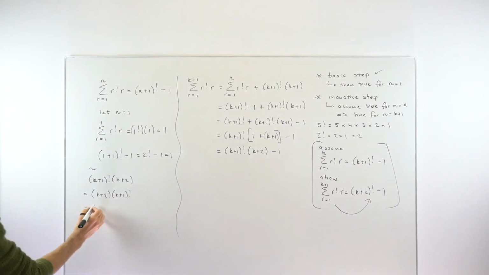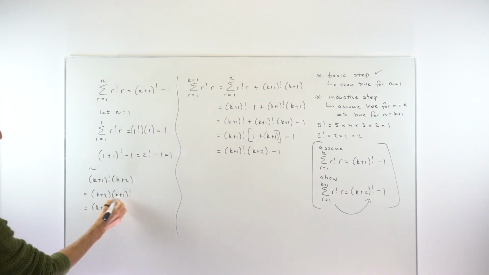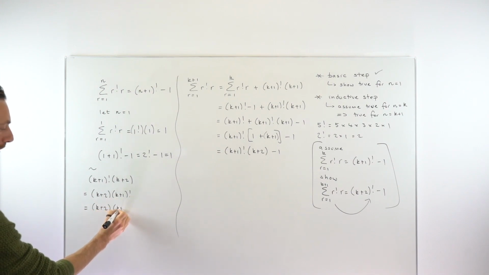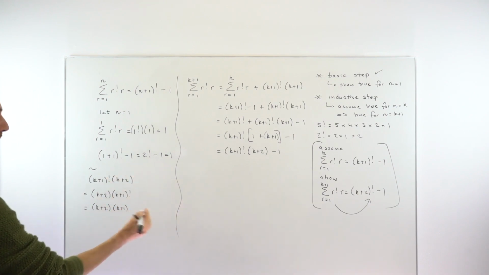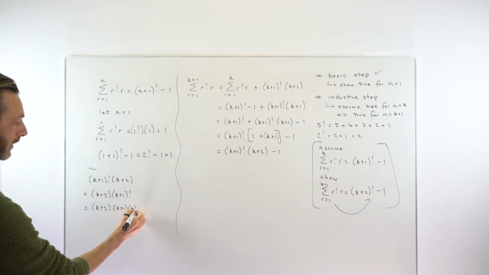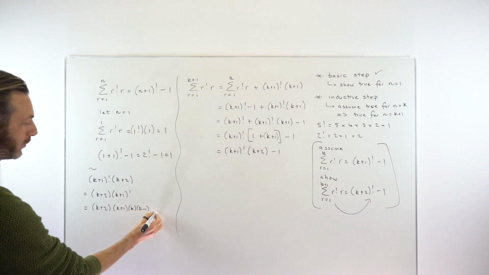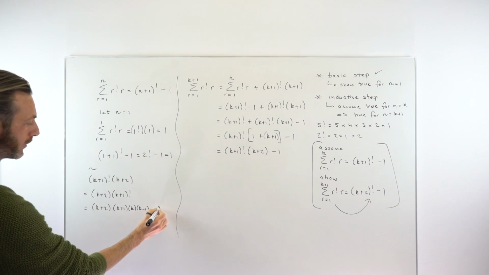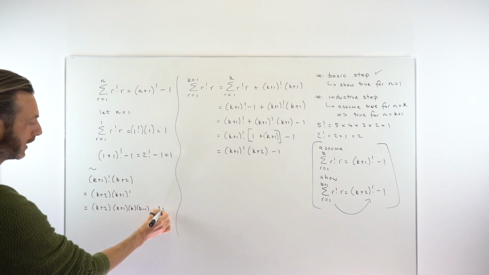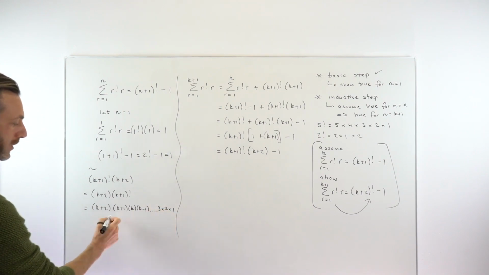So k plus 1 factorial, in fact let me just write the k plus 2 first, but the k plus 1 factorial just starts with k plus 1, and then it's got the next term below that, which would be a k, and then it's got 1 less than that, which is k minus 1, and then it keeps going all the way down until you've eventually got, say, a 3, and that would multiply to a 2 times a 1. So it just captures that.